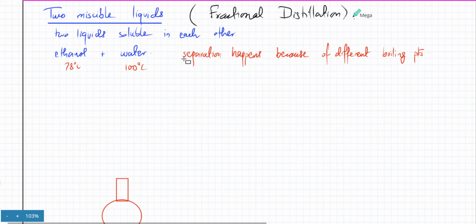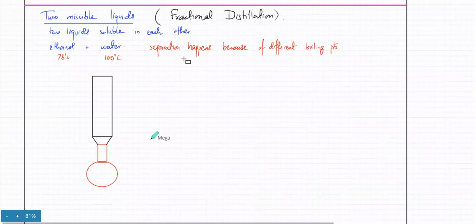Everything is kind of the same, except that there's going to be a fractionating column in the center, a column that would be known as the fractionating column.